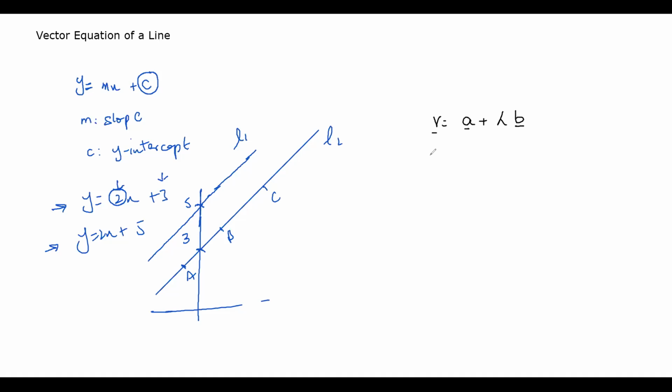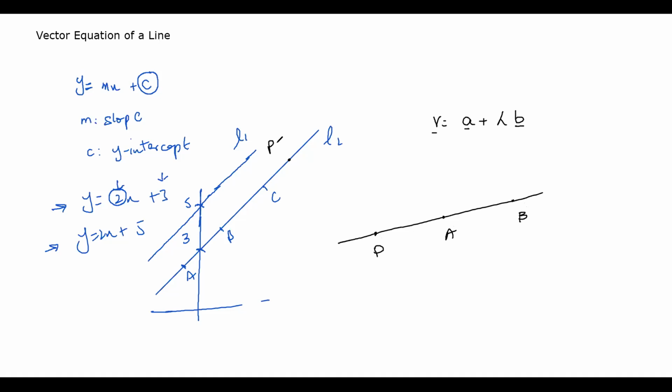Now this r is going to be like, if there is a line like this, there is a point, let's say P, there is a point A, there is a point B. Like if I take a point P over here, for instance.